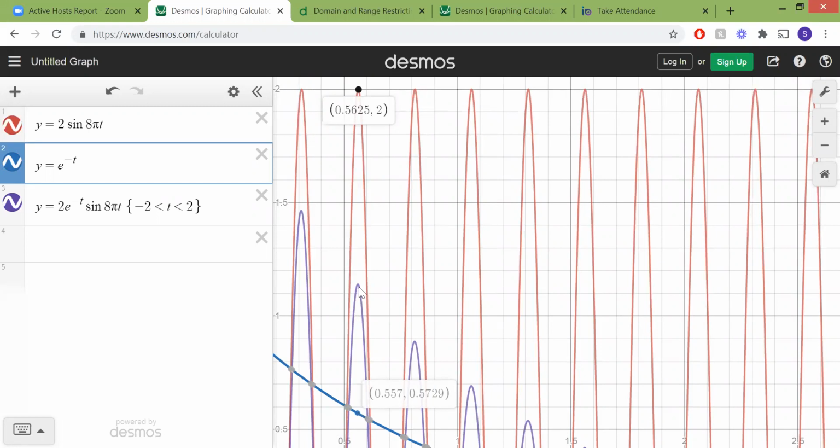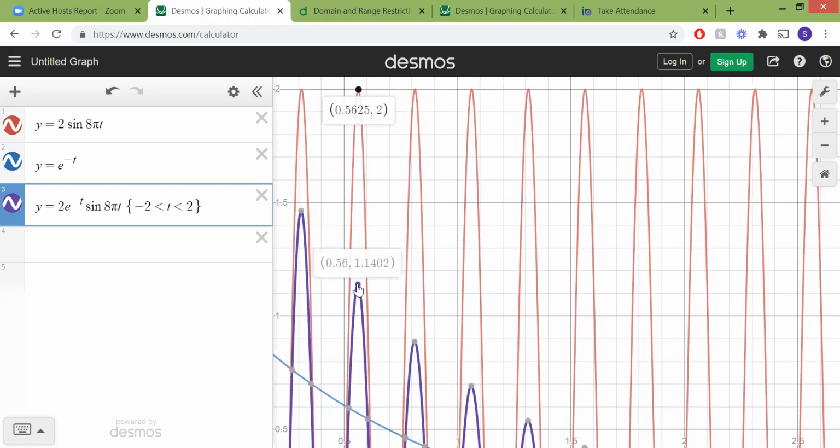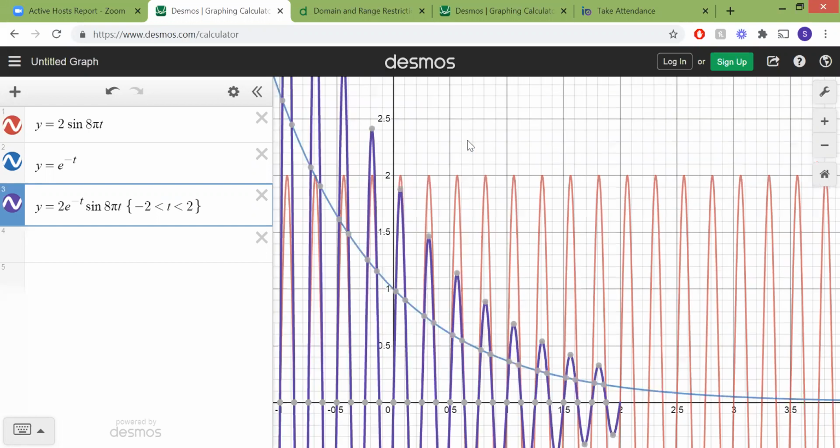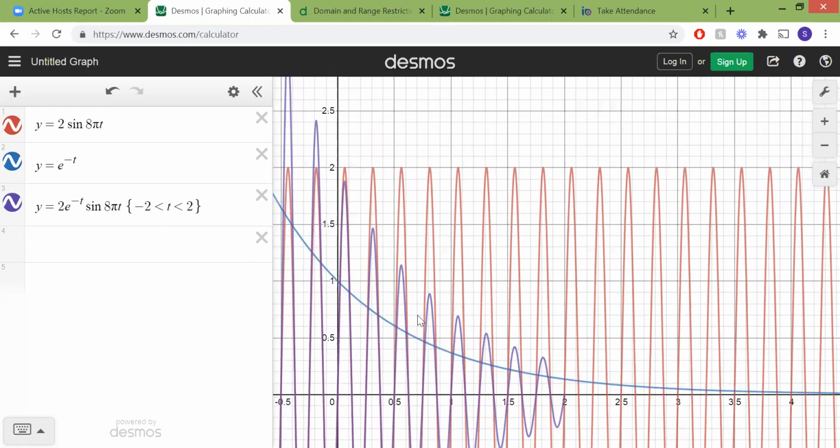The purple curve should be about 1.1405. Let me emphasize, the product of the red curve and the blue curve will produce the purple curve, which is our damped harmonic motion formula. And as you can see, as the blue curve decreases, the purple curve also decreases. That's what's causing the amplitude to decrease over time.